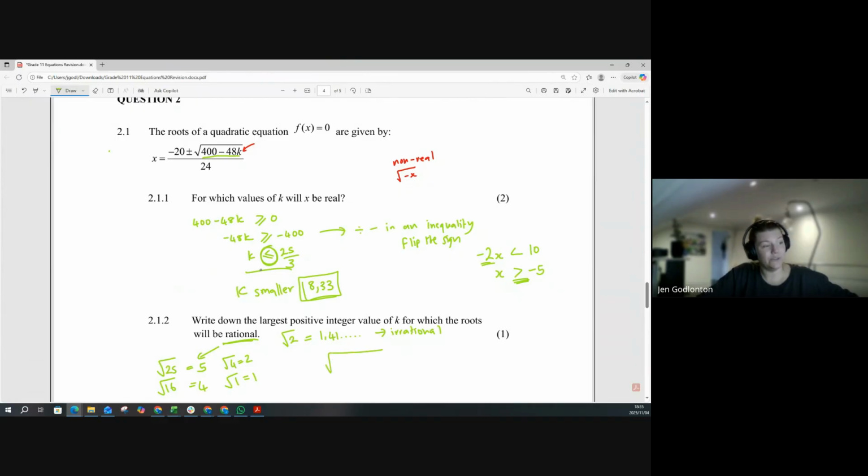If we do the square root of 400 minus 48 times 8, you should get a nice little number of 4. And because you get a nice whole number, that would be the biggest number. So therefore, 8 would be the answer. And the key was to use this one over here. That's why it was only 1 mark. Yay, Abu, I will take that win.